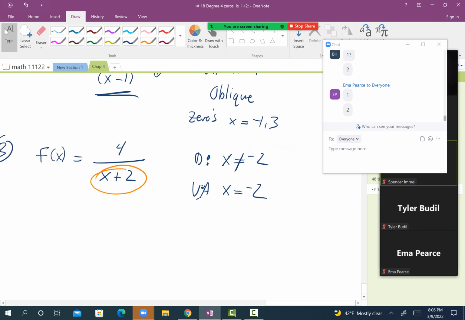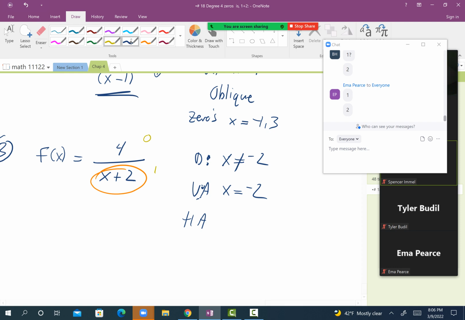All right, let's talk about the horizontal. Does it have a horizontal or is it oblique? What do we got here? Should have a horizontal. Okay. Look at the degree. 0, 1.